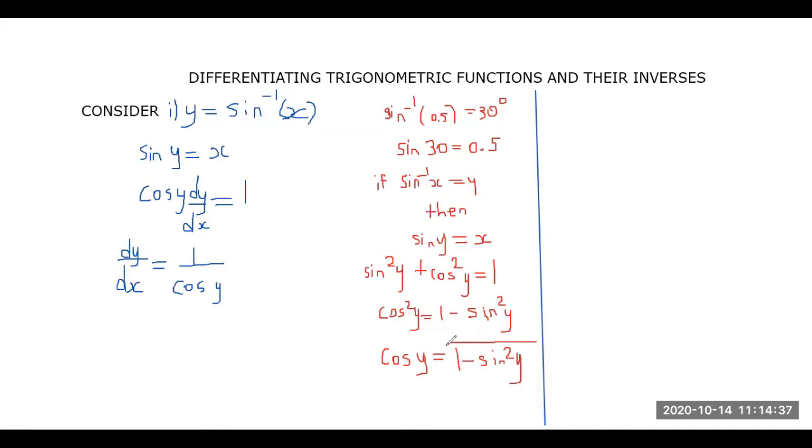To get cos y, we take the square root of both sides.